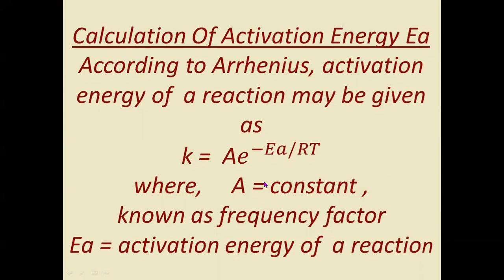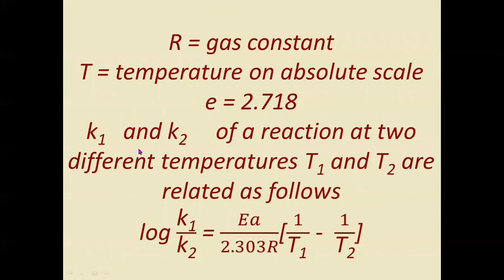So if at temperature T1 we are taking, then the rate constant can be represented by K1, and for T2 it can be K2. Therefore, here K1 and K2 of a reaction at two different temperatures. When temperature is changed, rate of reaction will change. As a result, velocity constant or rate constant will be different.